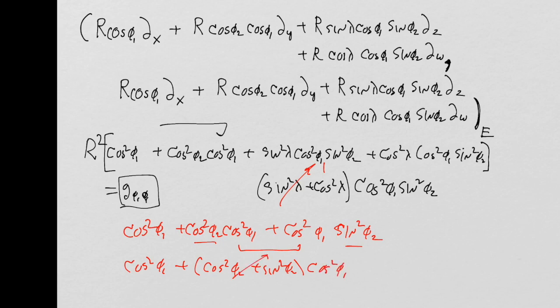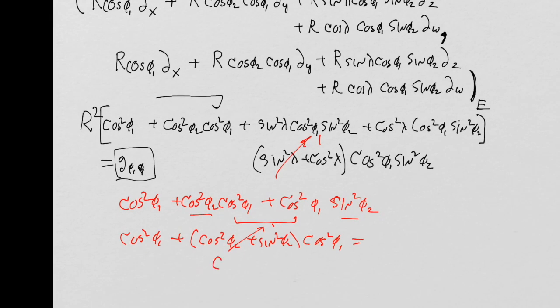Then of course this goes to 1, and then I'm left with, wait a minute, hold on, wait a minute, something's clearly wrong here because I'm ending up with a cosine squared phi 1 plus cosine squared phi 1, and I know that's not the answer.